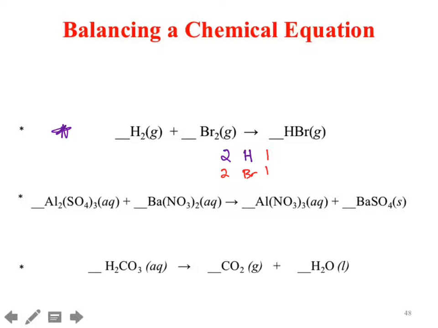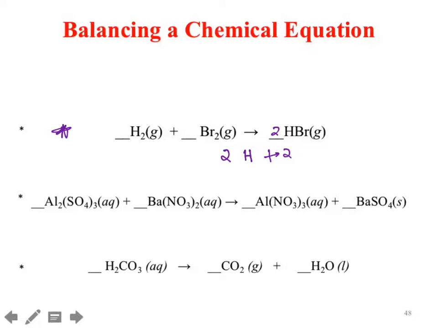It's not necessarily a bad thing, but if you have to cycle through and check multiple times, you're going to lose track of what element you're working with, and you can potentially make mistakes. As soon as you find out you are not balanced, fix the issue right out of the gate. I don't care about bromine right now, I care about hydrogen, and it's not balanced. So I'm going to make that 2 so that it is balanced.